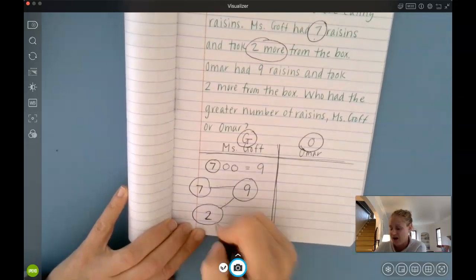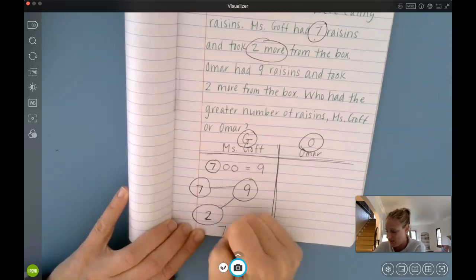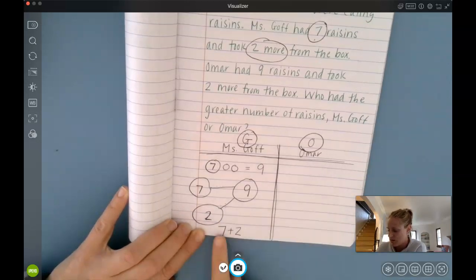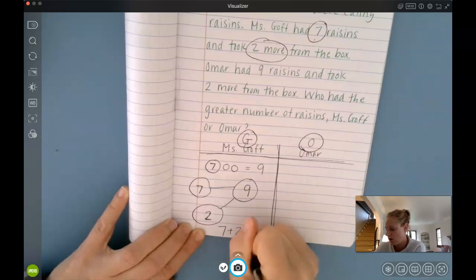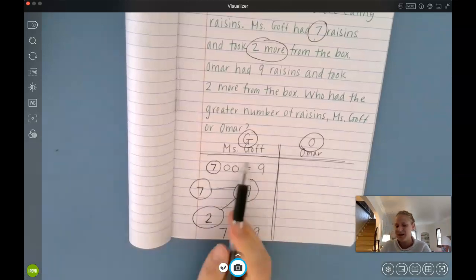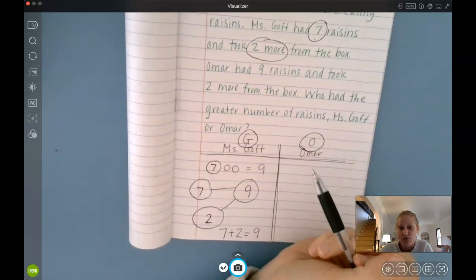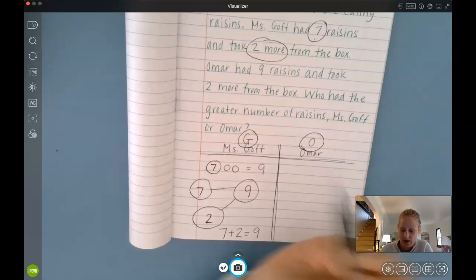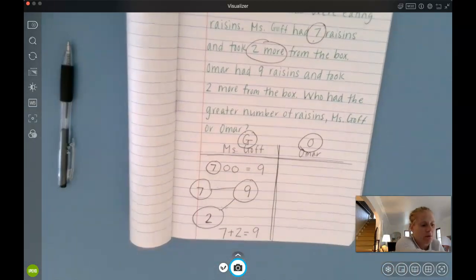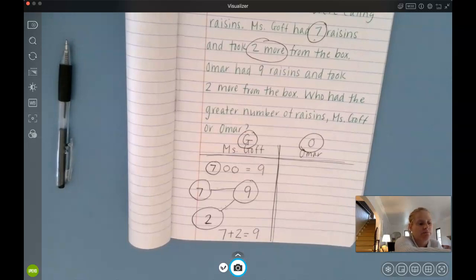Good. And a final strategy I saw, some of you just wrote a number sentence like this. 7 plus 2. 7 and 2 more equal 9. So 3 different strategies, friends, of how we could have found 9. Good job. Now let's find how many raisins Omar had. We need to go back to our problem here. I'm going to circle in blue.